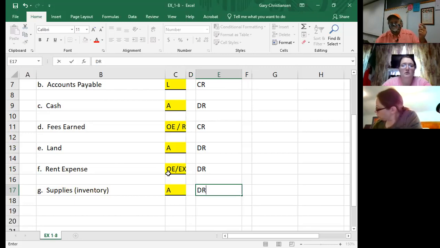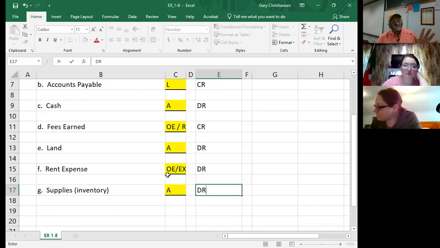So owner's equity itself should be a credit balance, but expenses always make that number smaller. It's sort of like writing a check for cash. So good question. If that's still a little confusing, which it should be, just keep it in the back of your head, and in a couple of chapters, you'll go, oh, okay. All right, thanks.